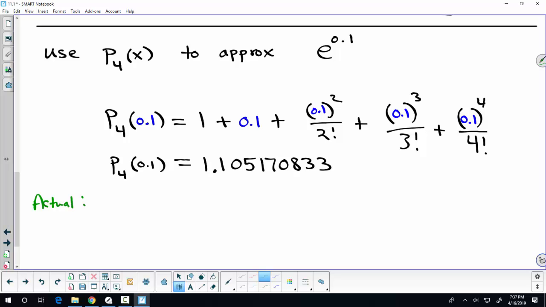So the actual value of e to the 0.1 is 1.105170918.